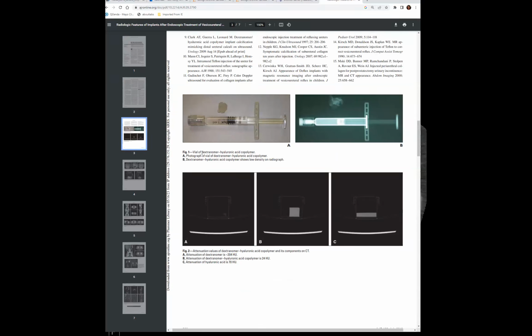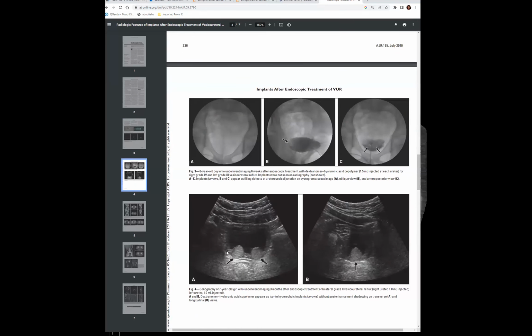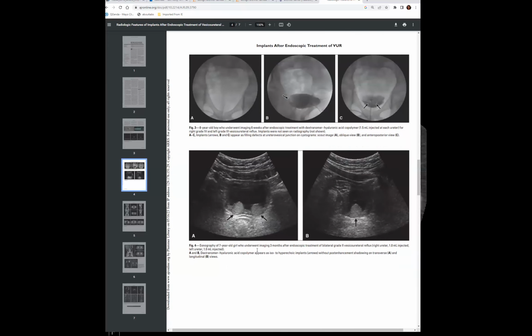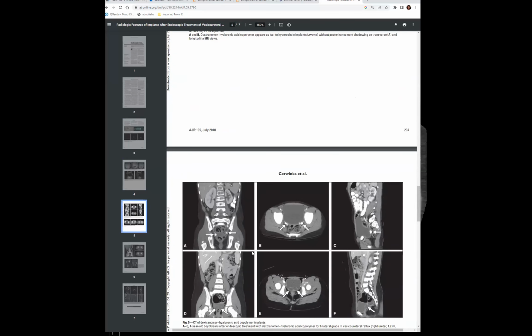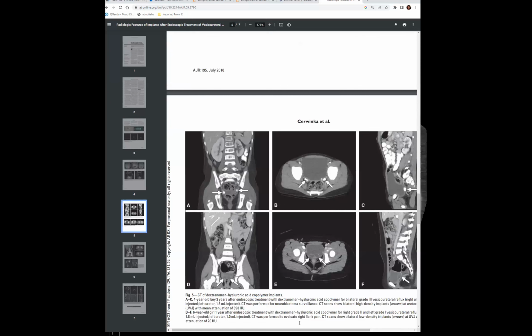It's dextranomer hyaluronic acid. This is what it looks like. It's low density on radiograph. When they inject it, on ultrasound it can be bilateral depending on the side of the patient's reflux, and it has a very homogeneous echogenic appearance. On CT it looks like what we saw on this study.